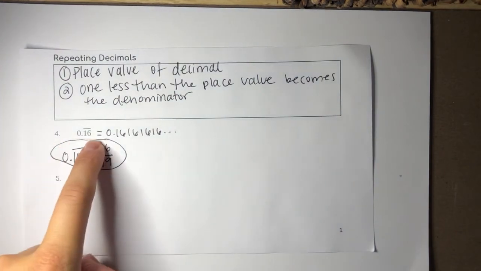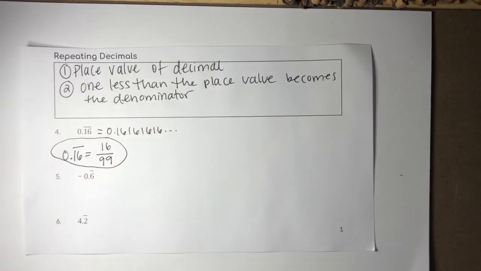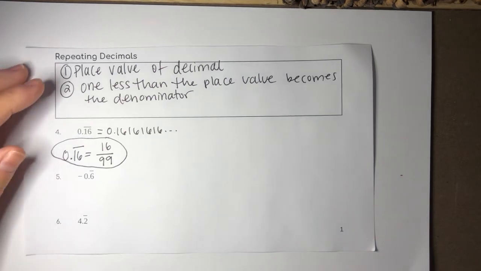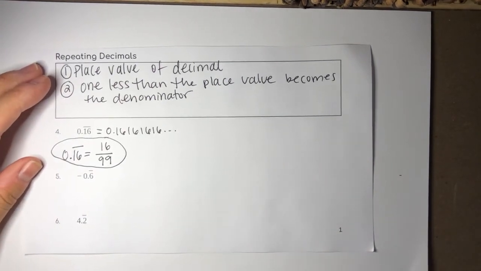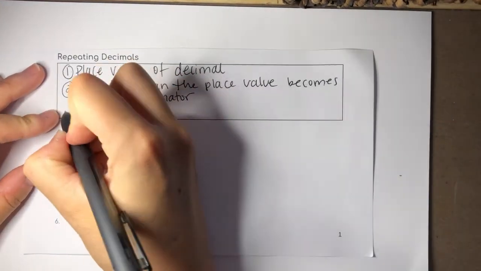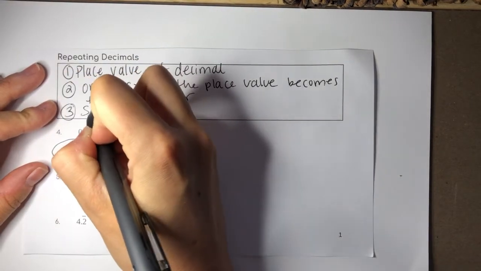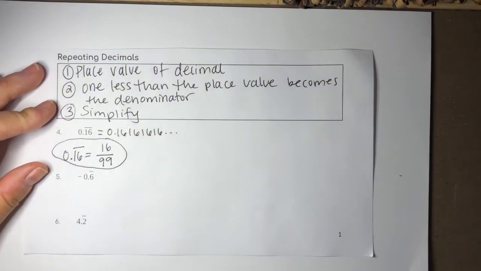So if I have something that looks like it's in the hundredths when it's repeating, we're going to divide by 99. If I have something that looks like it's in the thousandths, we're going to divide by 999. If we have something that looks like it's in the tenths, we'll divide by just 9, one less than that value. And our final step will be always simplify. Always, always, always simplify if you need to.